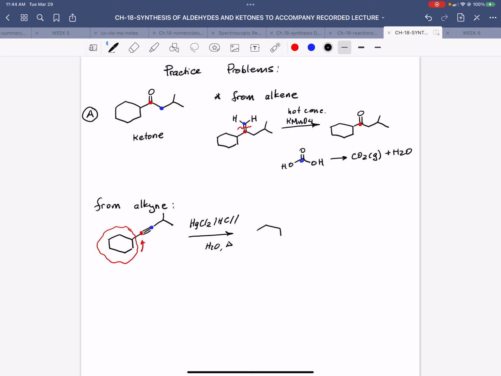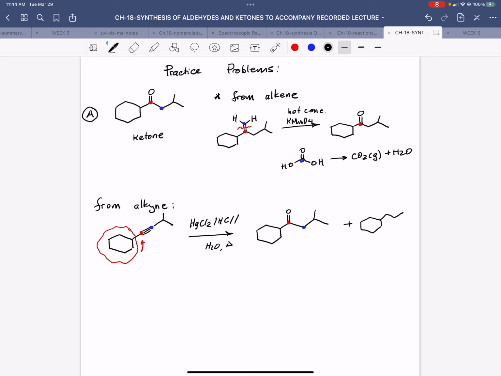I'm going to produce a product in which on the carbon closer to the cyclohexyl residue will form a carbonyl. My blue carbon will acquire 2 hydrogens, and then we will get the isopropyl residue off of it. This is not going to be the only product. I'm going to end up with a mix of the products.